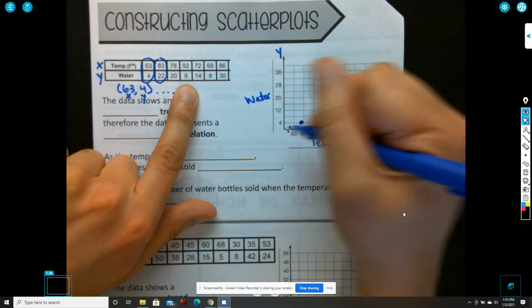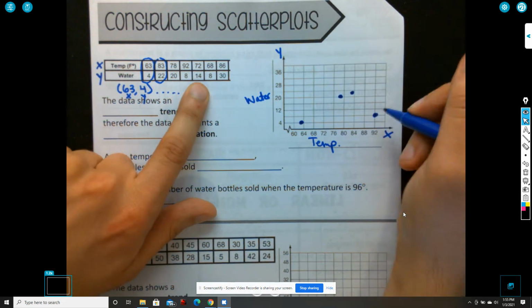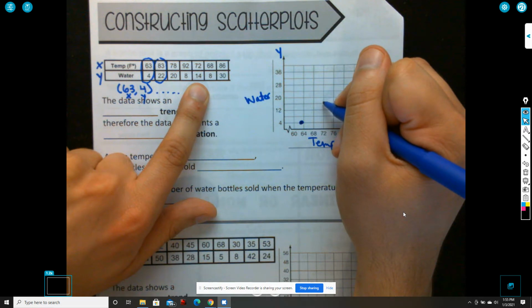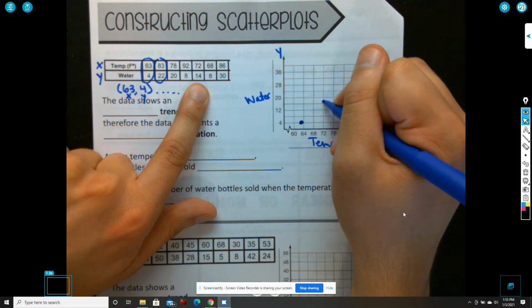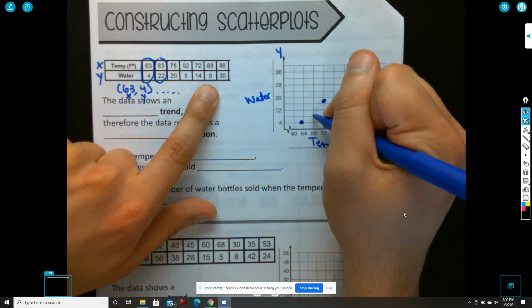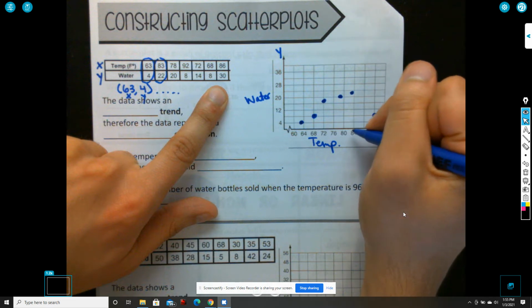Then we have 92.8. 92 is here. Let's move it there. 72.14. 68.8. And then 86.30.